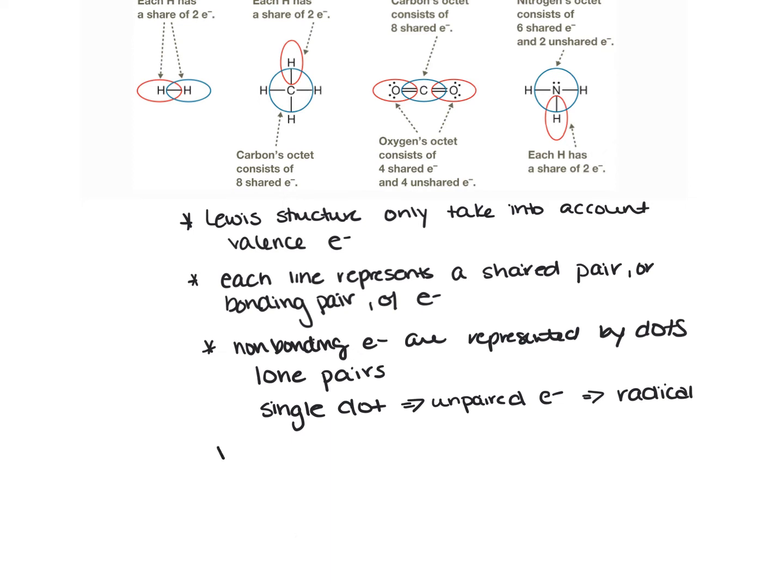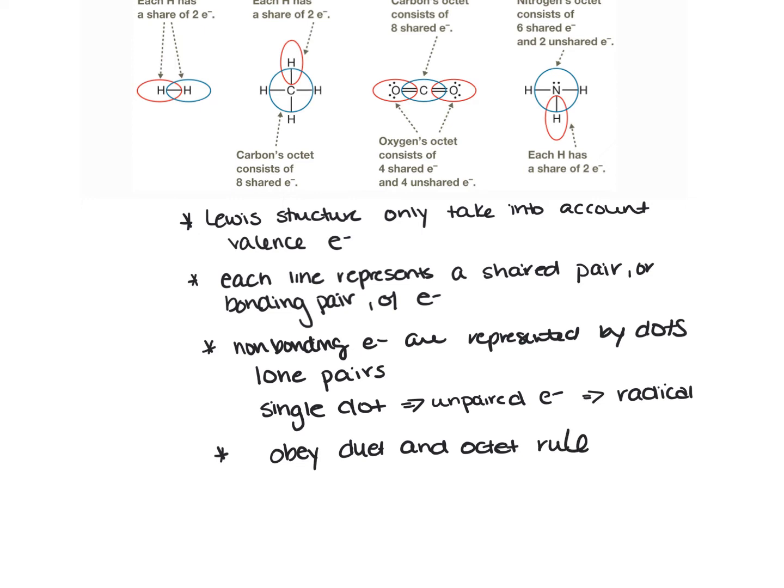What we're going to see for us mostly is that we are going to deal with really just group 2 and group 1 atoms. It's important to understand that those are going to obey the duet and octet rule.